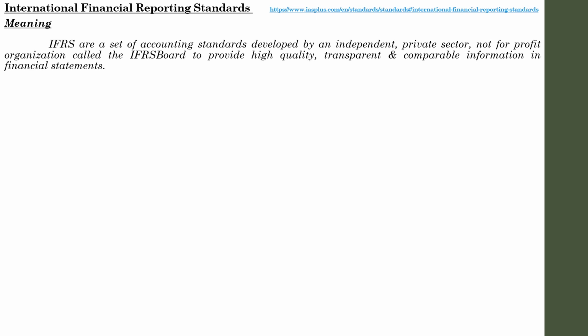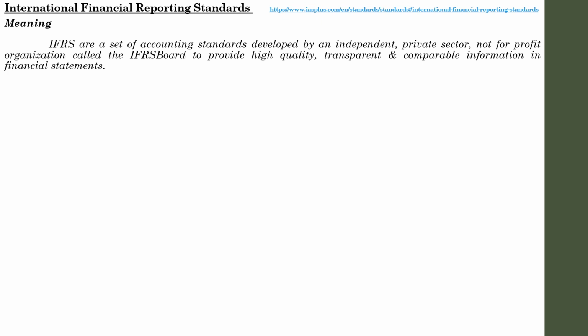In simple terms, International Financial Reporting Standards, otherwise known as IFRS, are a set of accounting standards developed by an independent private sector not-for-profit organization called the International Accounting Standards Board to provide high quality, transparent and comparable information in financial statements.